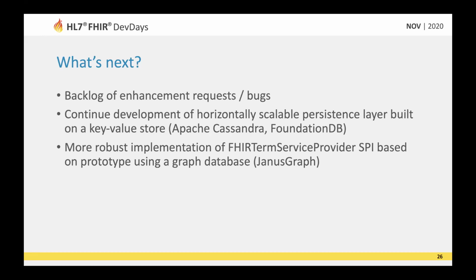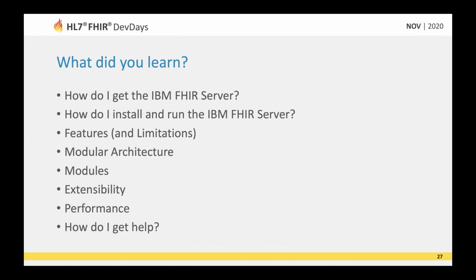So we had some previous experience a while back using a graph database to represent terminological content coming from places like UMLS and NCI Metathesaurus. So we did a prototype of that, and that's something that we're going to be pushing out into open source probably towards the beginning of next year at this point. So that's kind of where we're going in a nutshell.